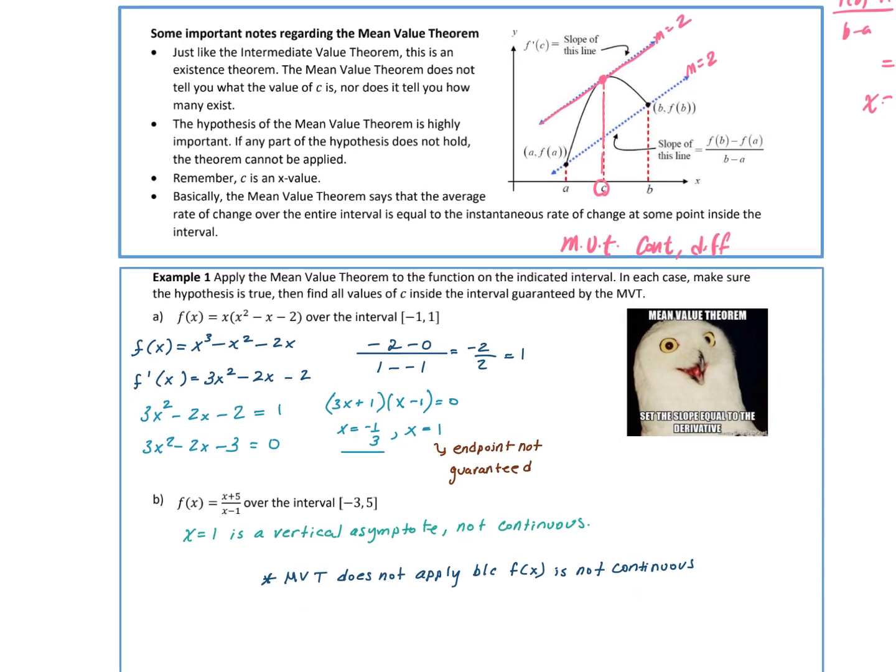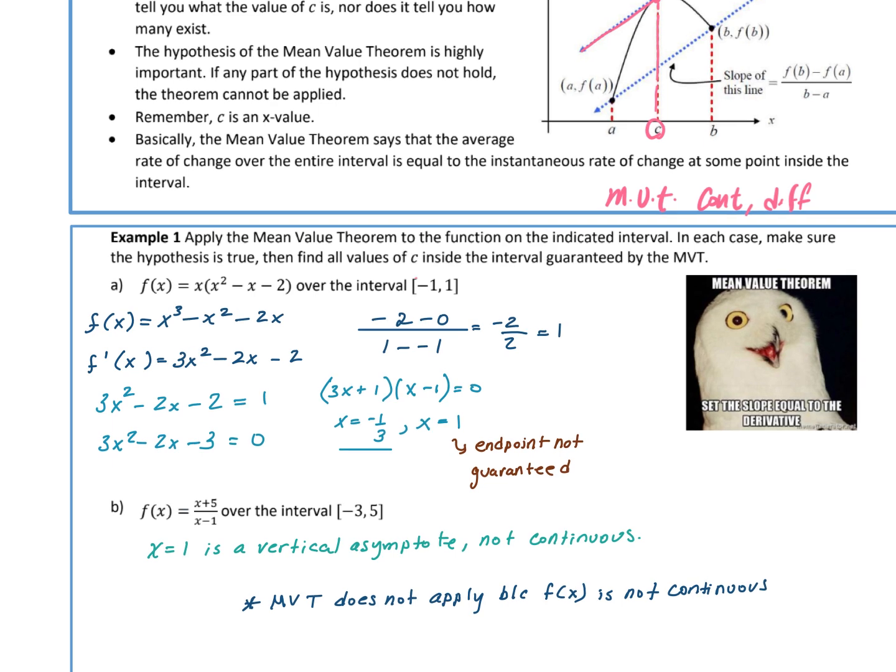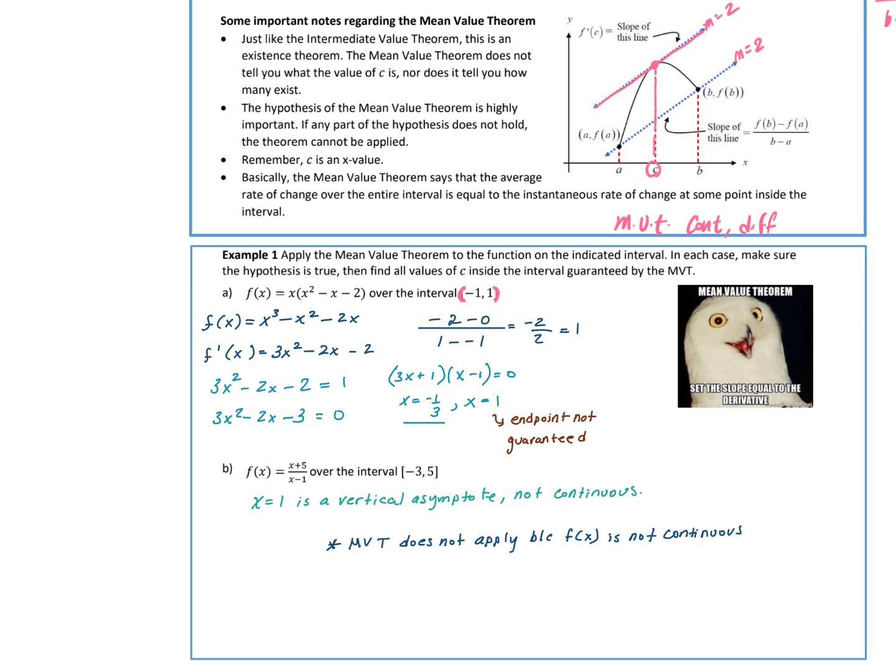So first one is this. I'm going to lean towards open brackets because we're going to assume that it's differentiable. Let's just say we're going to apply MVT. It has to be on an open interval because to check the differentiability, it can't be differentiable at the endpoints, right? Because you have to check the left and the right-hand side limits. Can't do that if it's a closed interval. So we're going to say open interval.